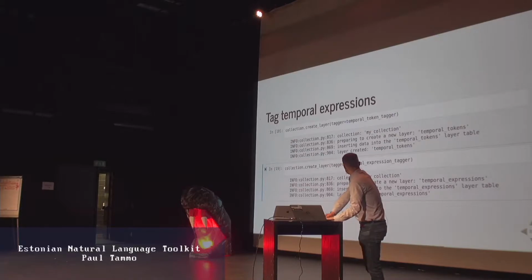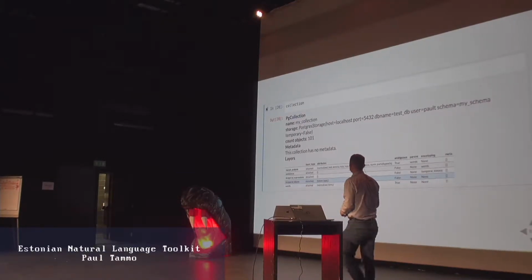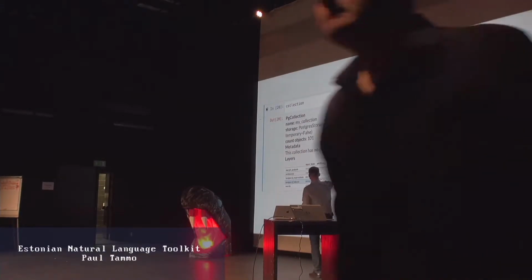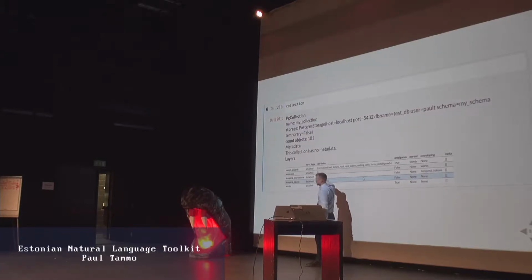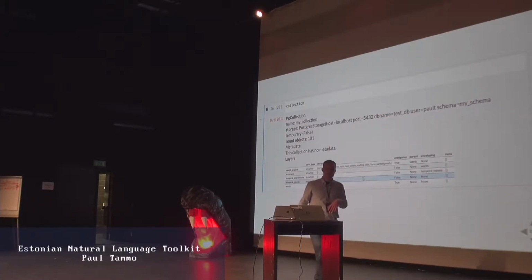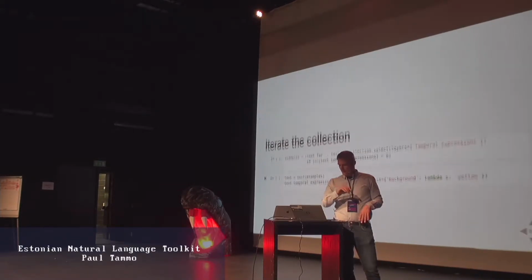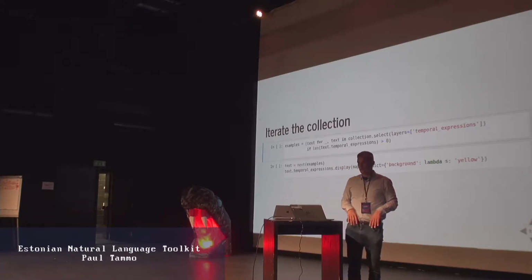Also, it seems that it runs successfully. So, we have 2 more layers in our collection now, temporal tokens and temporal expressions. Just as with a text object, it's quite similar with a collection of texts. Next natural thing to do is to iterate the collection.